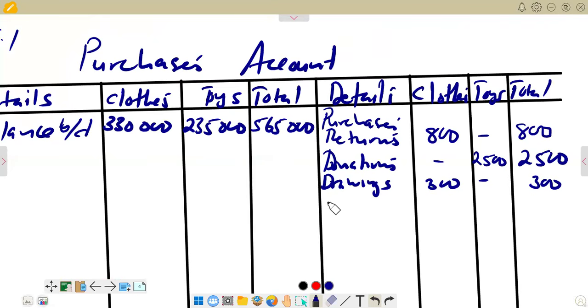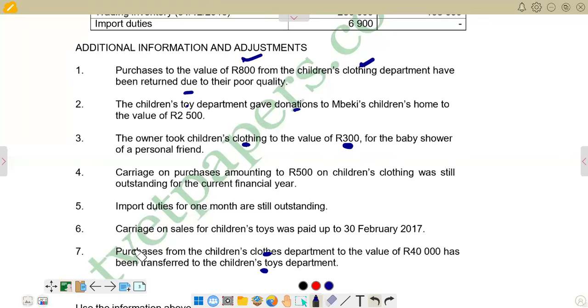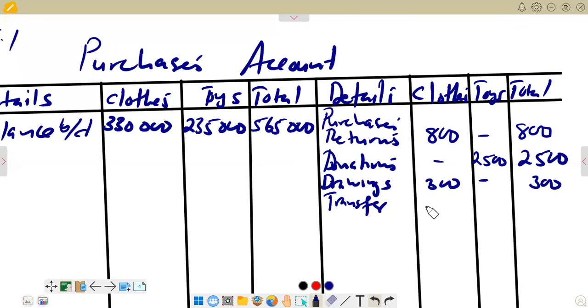And remember, we're saying we are having a transfer on the credit side of 40,000 in the clothing. You can just try to verify the movement that we have there. It's from the clothes department, so we're crediting clothes 40,000.